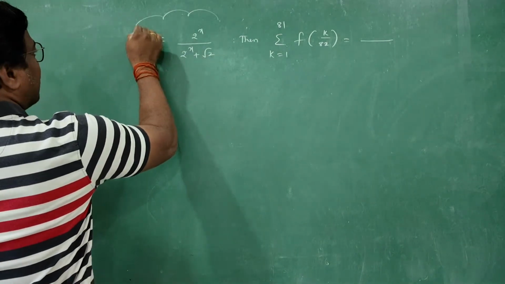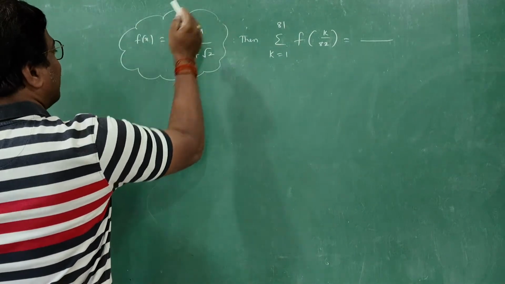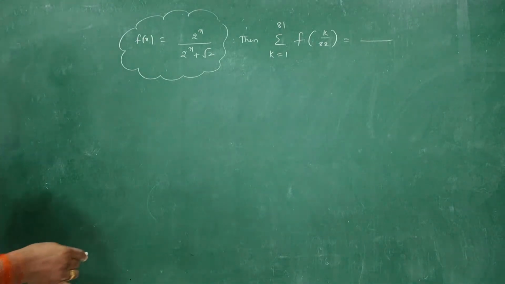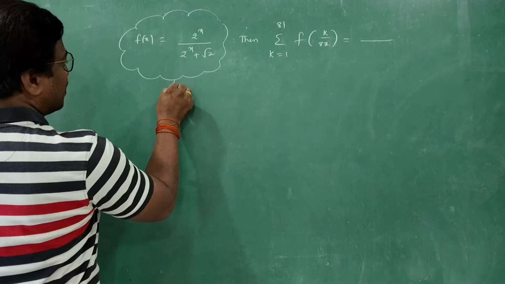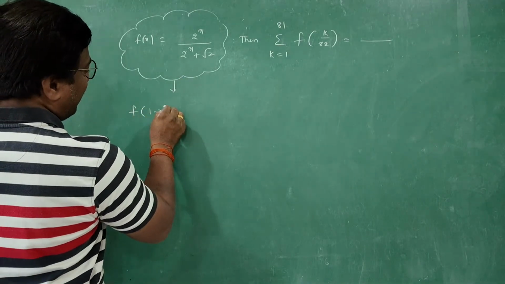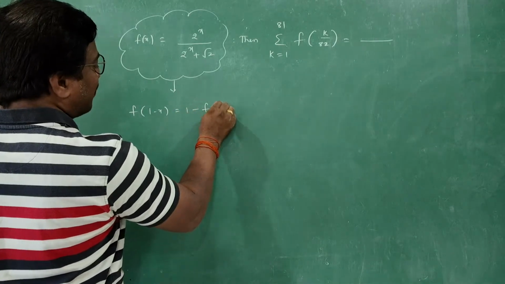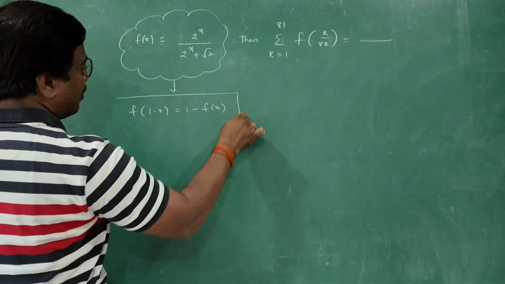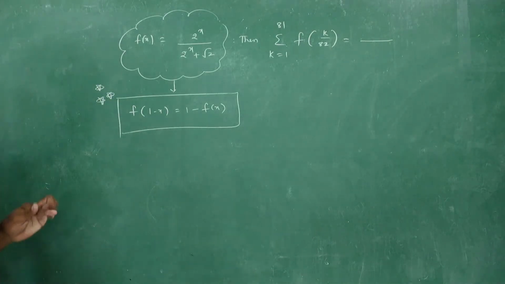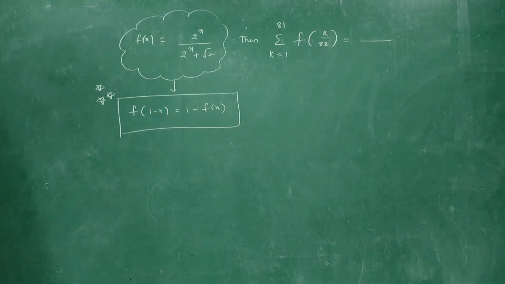Whenever the given function is of the form f of x equal to 2 power x by 2 power x plus root 2, this function satisfies the functional equation f of 1 minus x is 1 minus f of x. It is a well known equation when the function is of the form a power x divided by a power x plus a power 1 by 2.